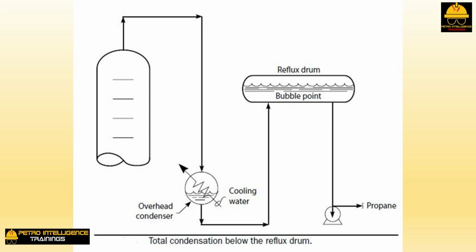But if the shell side of the condenser were really liquid full, the tubes would not contact the vapor. If the tubes do not contact the vapor, then the rate of condensation is zero. Perhaps a small amount of heat transfer would take place as the liquid propane became subcooled. But none of the propane vapor would condense. Therefore, the liquid level in the overhead condenser would have to be somewhere in the condenser's shell.